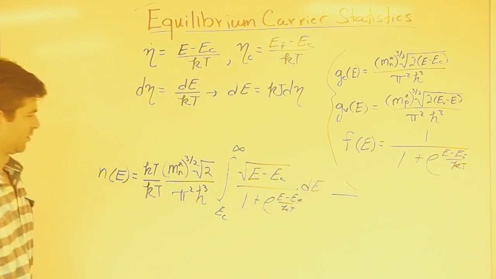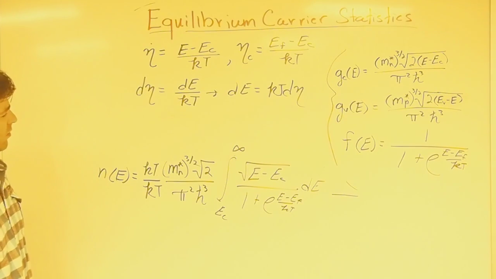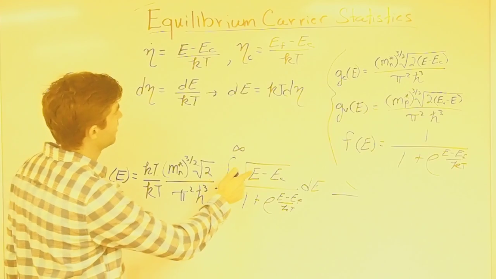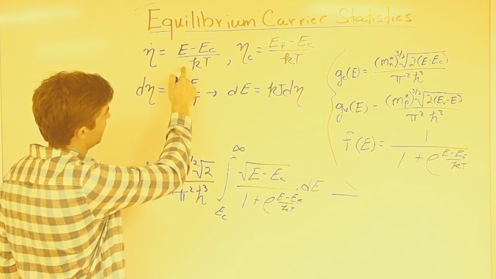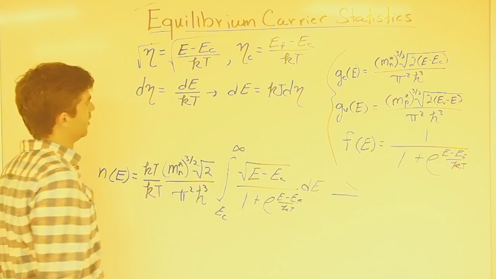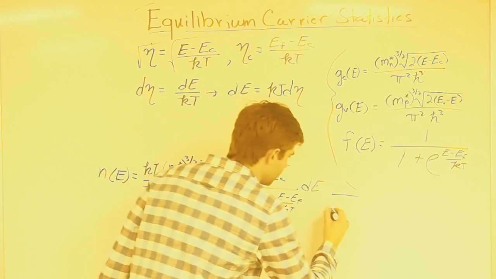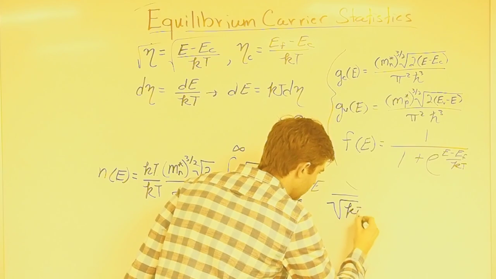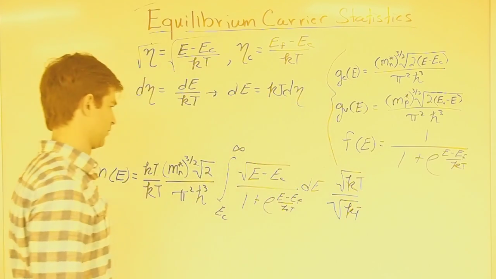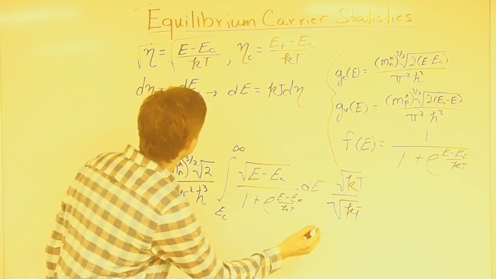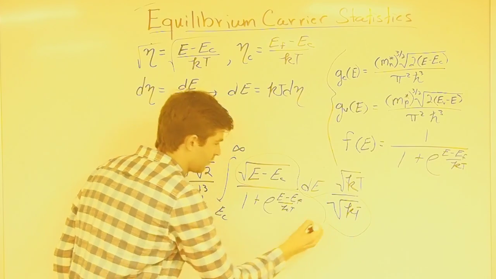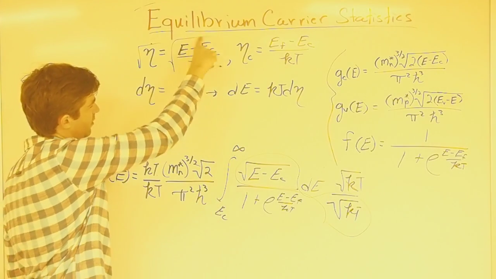This is a little algebra and calculus, nothing too bad. And here's another tricky part. E minus EC is this, so this whole term is going to get square rooted. That means we need to take the square root of kT, just like that, over here. So this term here is going to be this square root term here.